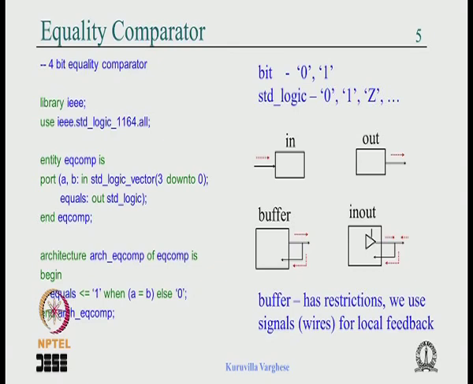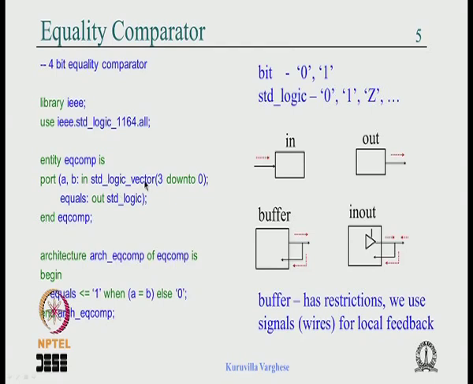So that should not happen. You should not use in out in place of buffer. In out is used only when a pin is used as both output and input, and necessarily there has to be a tri-state gate, without which there is no way to use an IO pin. Now that is the kind of various directions: in, out, buffer and in out. As I said, forget about buffer, we will use the wires, I will show at the appropriate time.